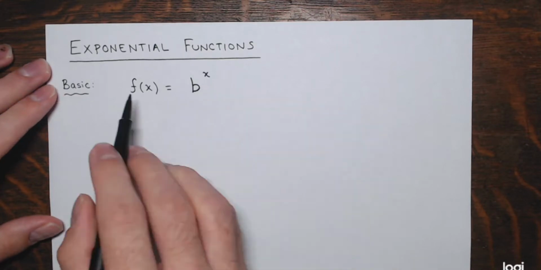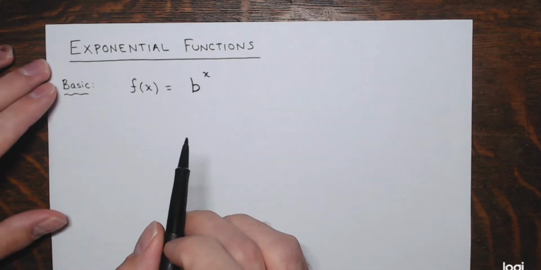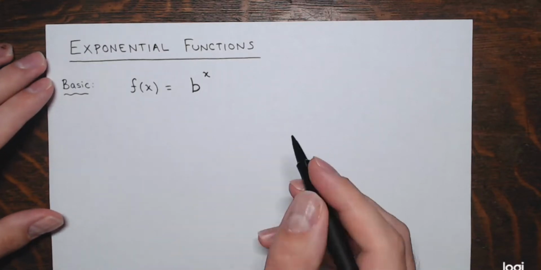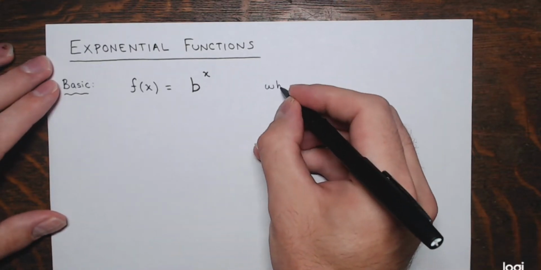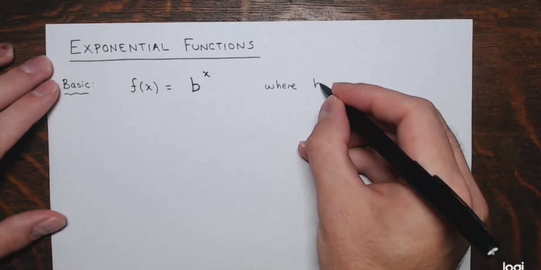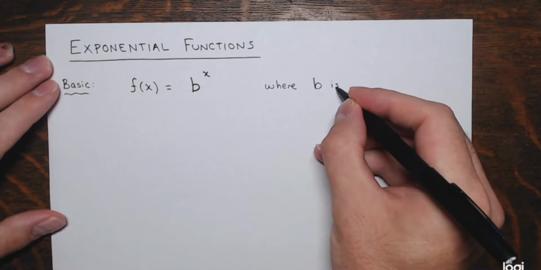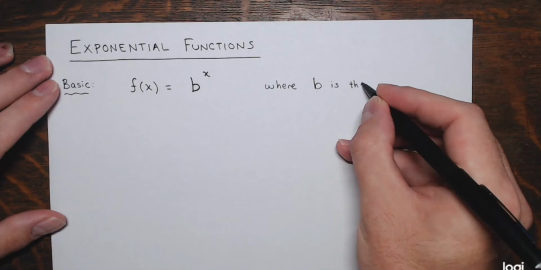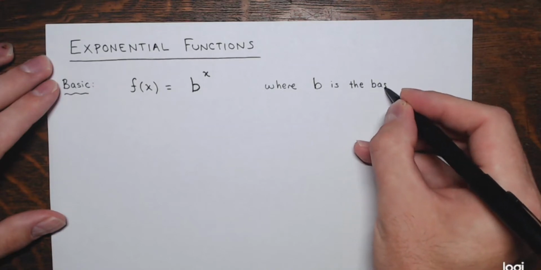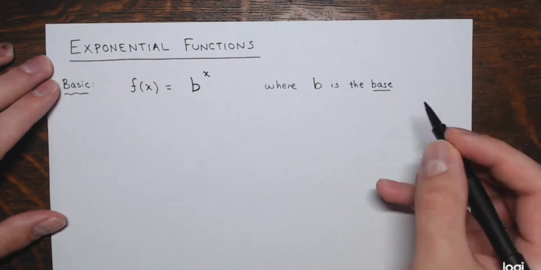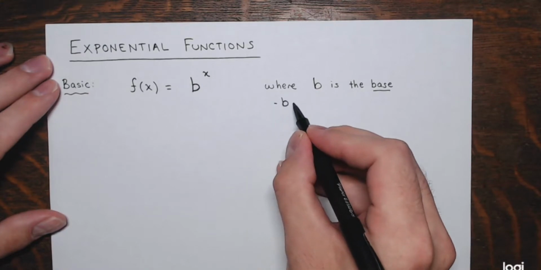This is the most basic version of an exponential function, where b is a constant. b is called the base.